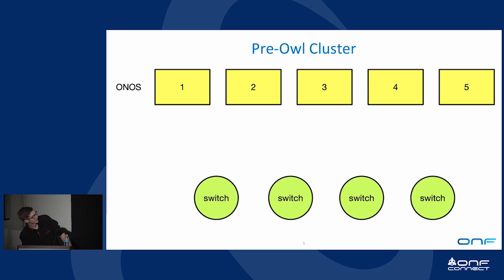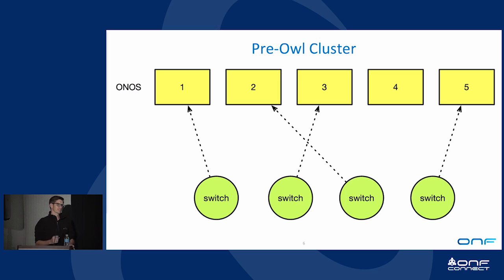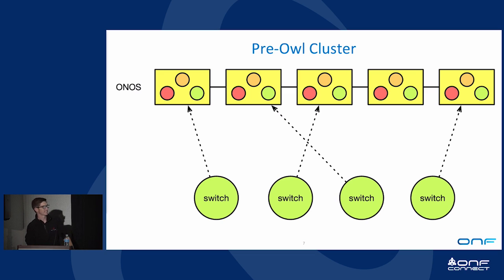On the nodes, we elect masters, which dictate which controller node is controlling which switch. And then on the controller nodes themselves, there are a variety of different protocols running: some protocols for the southbound state, eventually consistent protocols, some Raft partitions and things like that, like I talked about earlier.